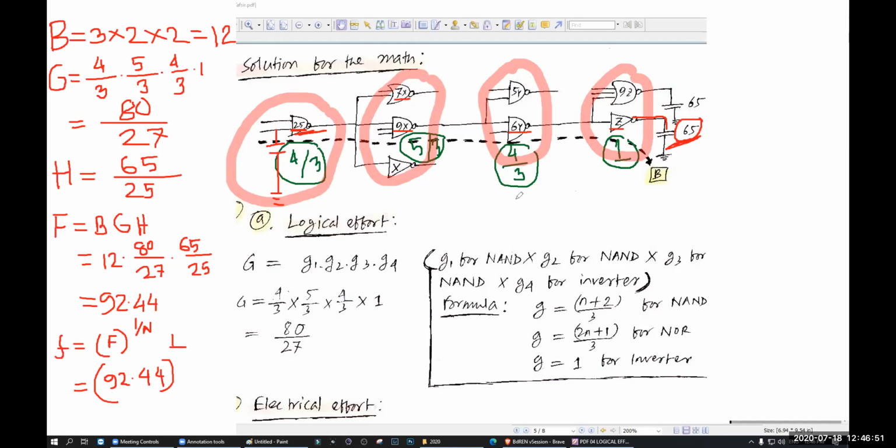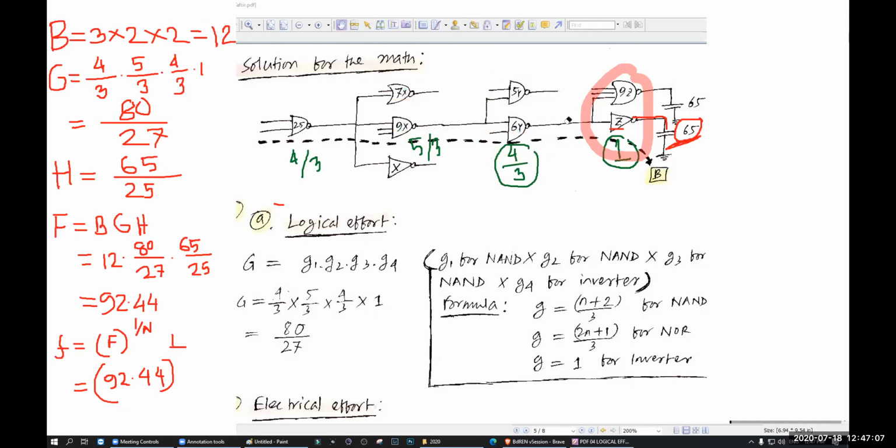These are actually your stages, that means how many stages your input has to cross to go to the output. So 92.44 to the power 1/4 will be 3.10.